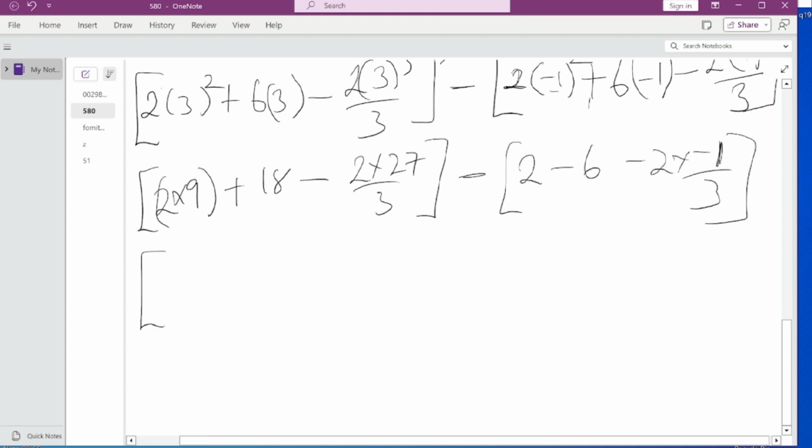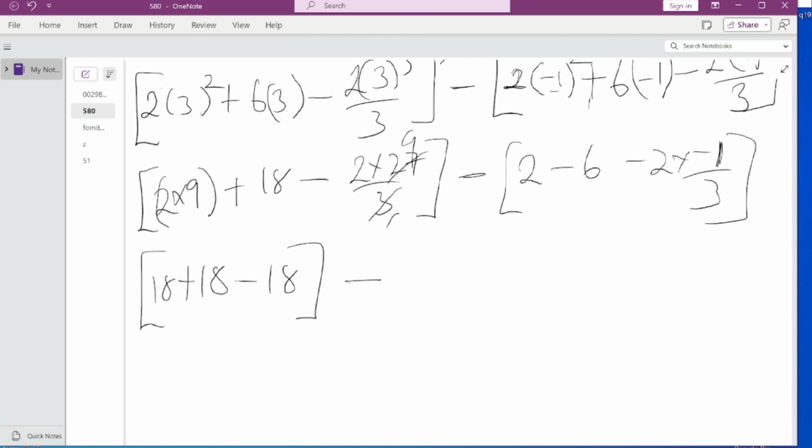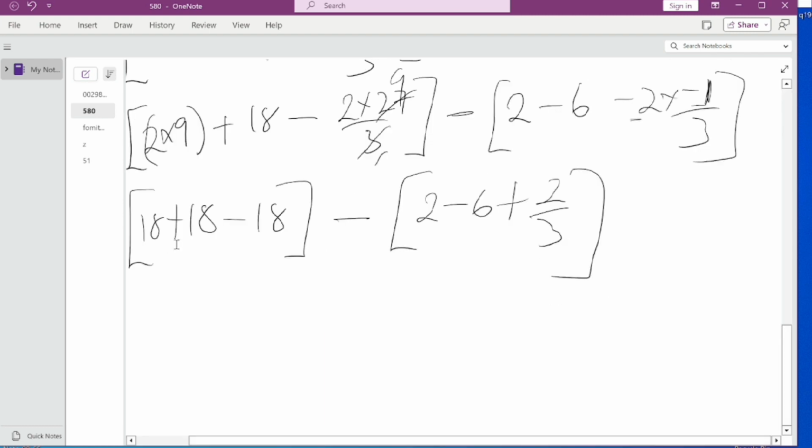We have 2 times 9, that's 18, plus 18. Then 3 cubed over 3, 3 here is 9, 9 times 2 is 18. Minus, in bracket 2, minus 6, minus 2 times minus 1 will give you plus 2 over 3. 18 plus 18 minus 18 will give you 18. That's like saying plus 18 minus 18 will give you 0.